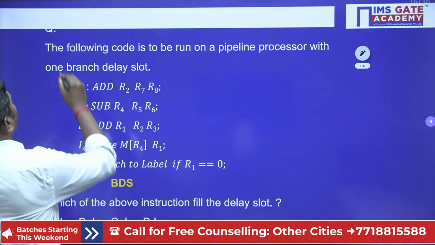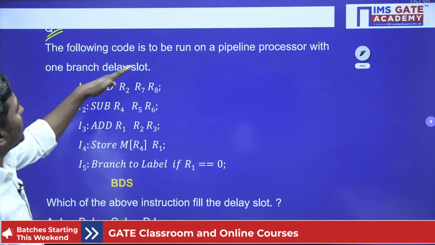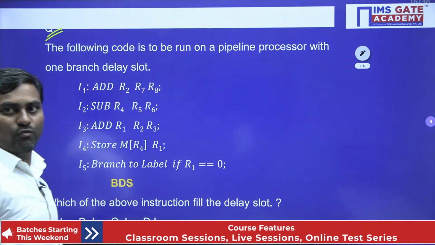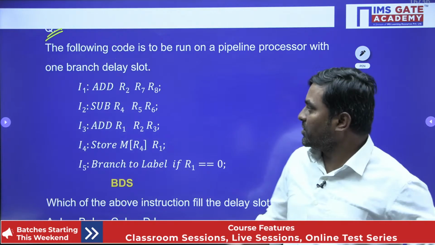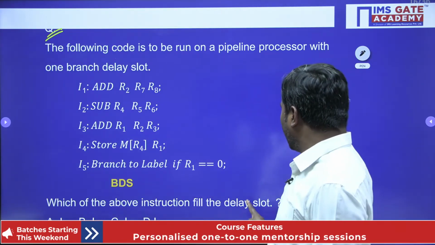Correct or not? Similarly, there was a question in the GATE paper. They asked: the following code is to be run in a pipeline processor with one branch delay slot. Now these instructions are given. Which of the above instructions I1, I2, I3, I4 can fill the delay slot?